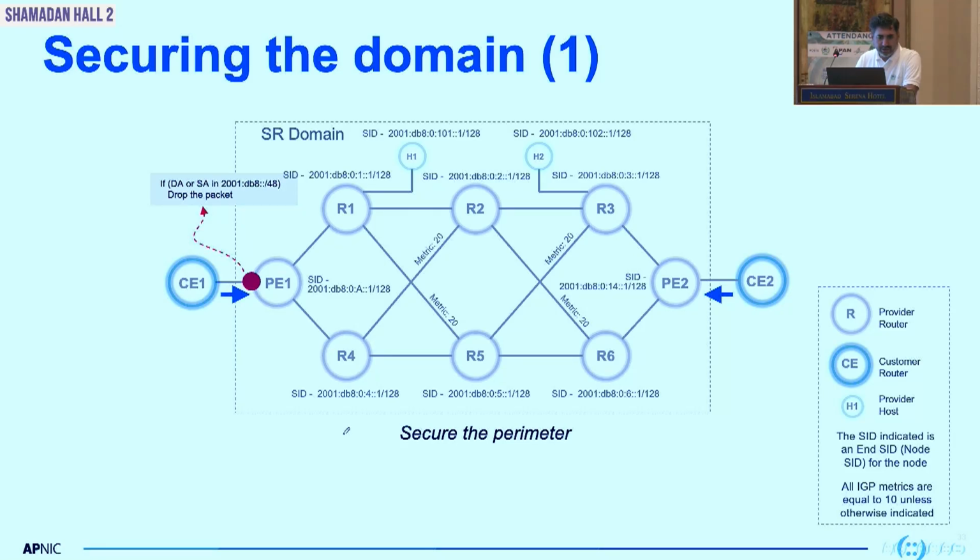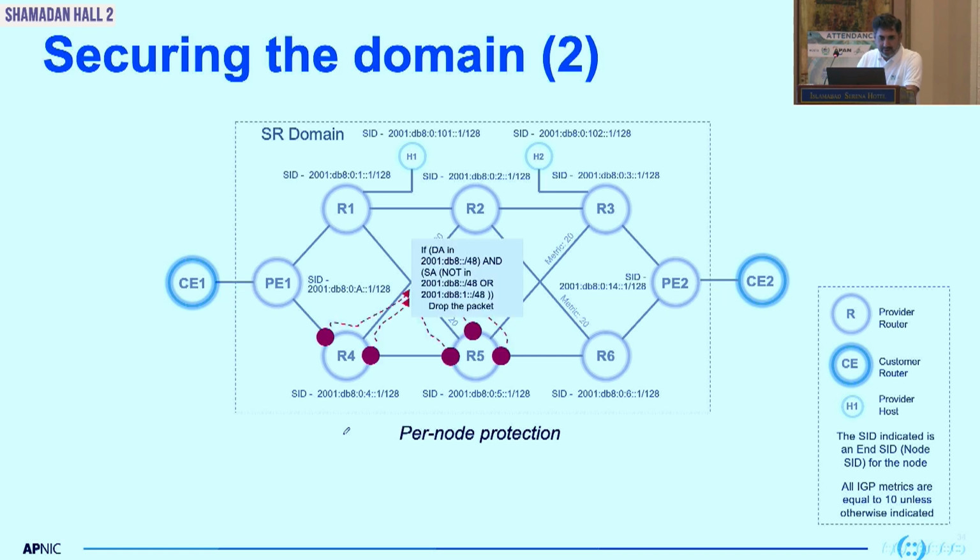Similarly, if the destination or source address is from the block we have reserved for our segment routing domain, we need to drop the packet. If from within our network we have a destination which is part of this block and the source address is not from this network, we also need to drop it, because that means from within our domain we are doing something wrong.